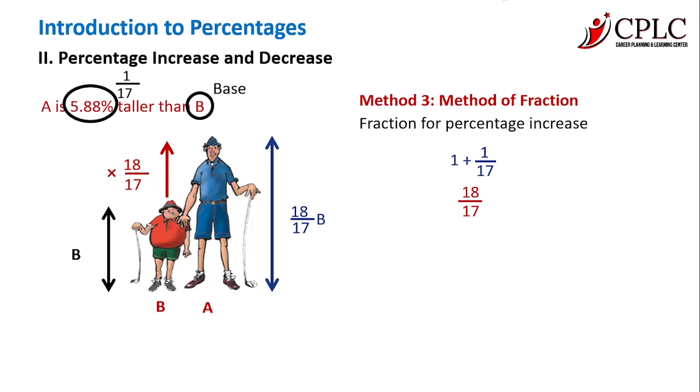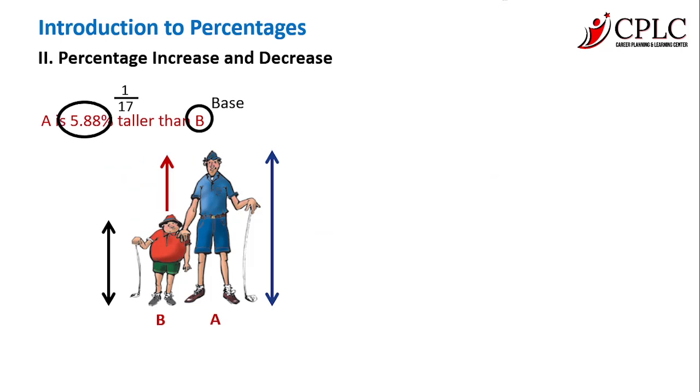Method 4 is even better than this, and ideally my most favorite method, which is the method of parts. It is an extension of fractions, but still a few things are slightly different. So the method of parts says whatever is the base value should always be the denominator of the fraction. For example, in this case, 17 is in the denominator, so 17 becomes the base value. For the statement, B is the base value.